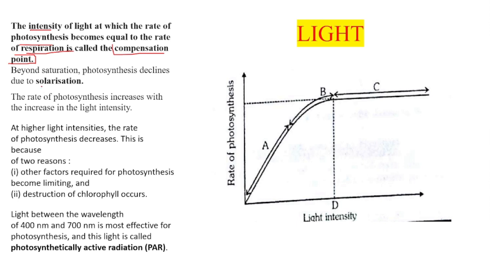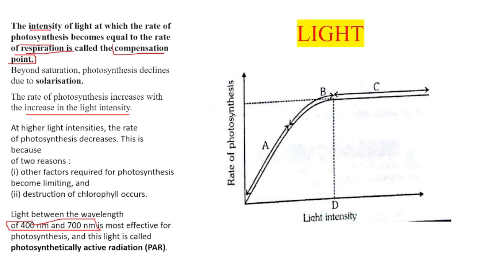You know that light is very important, especially light of 400 to 700 nm wavelength. This is the quality of light, plus the quantity of light. The rate of photosynthesis increases with the increase in light intensity. It is shown here: rate of photosynthesis against light intensity, it is increasing.